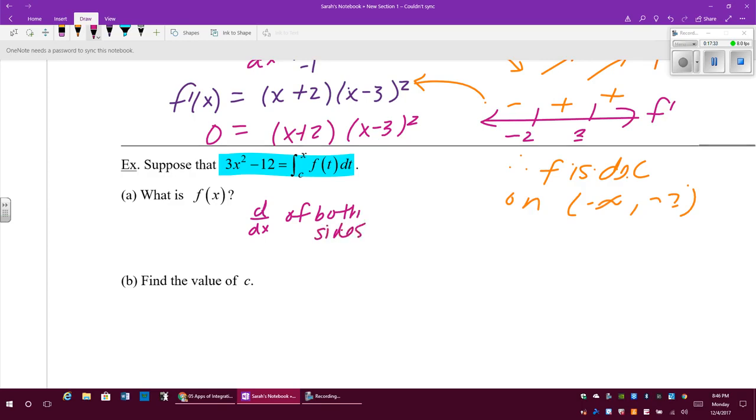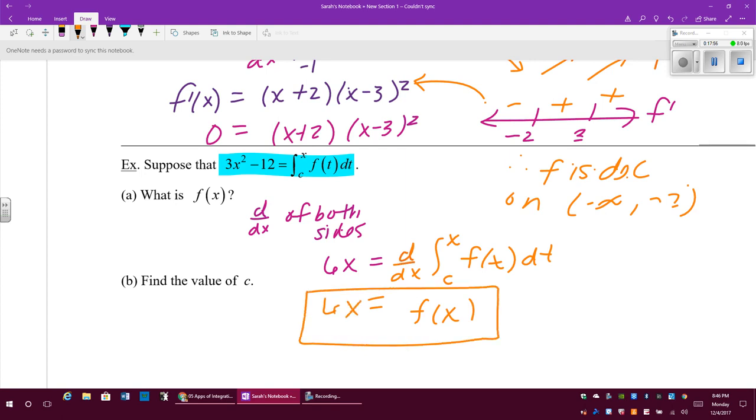If I take the derivative of the left, I get 6x. If I take the derivative of the right, I get f of x. So f of x is equal to 6x, which is kind of cool because that's what they asked me to find.